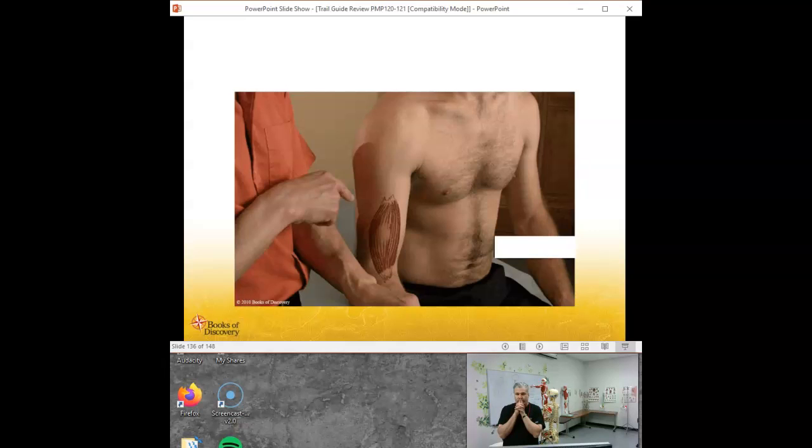Would that be the brachialis? It would be the brachialis. Is it found superficial or deep to the biceps brachii? I want to say it's deeper. Okay, it's deeper. Yeah, it's underneath the biceps brachii.